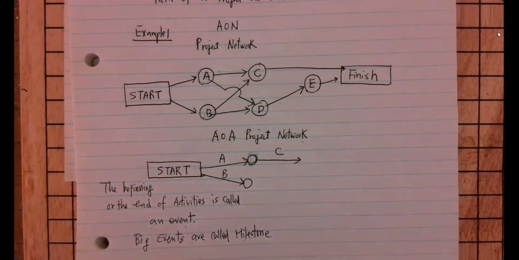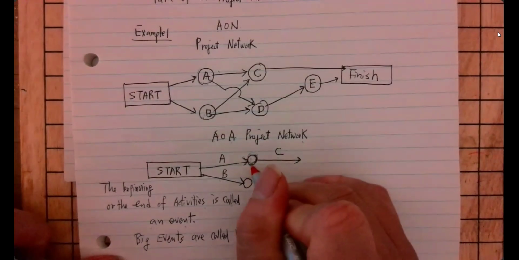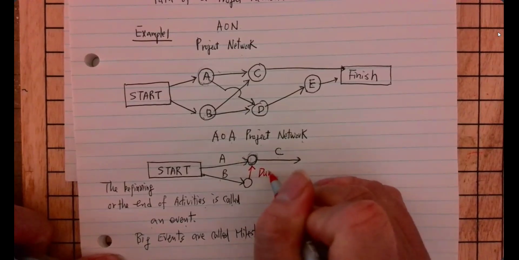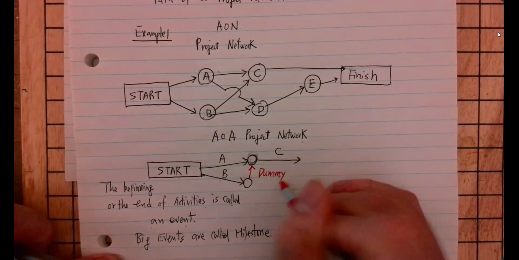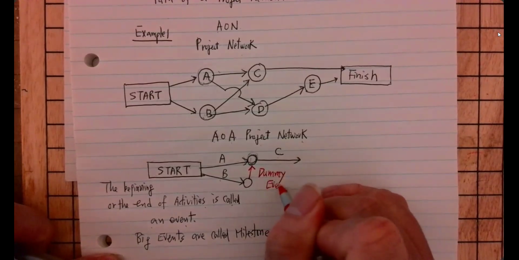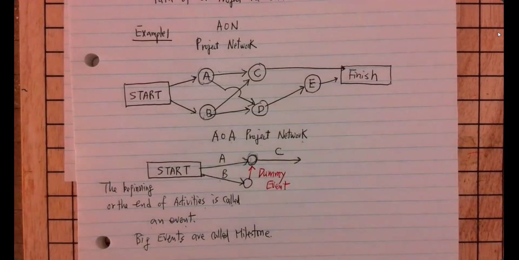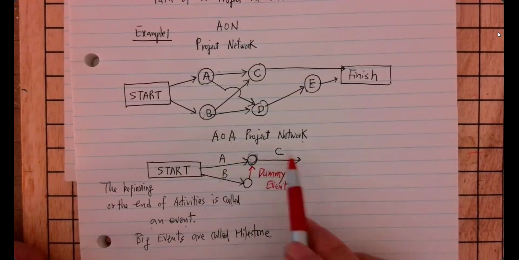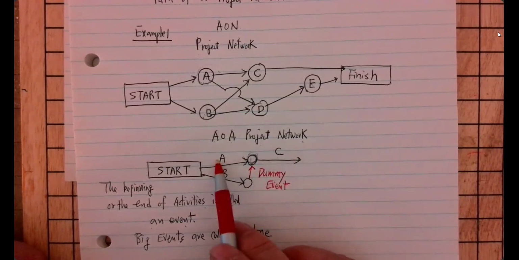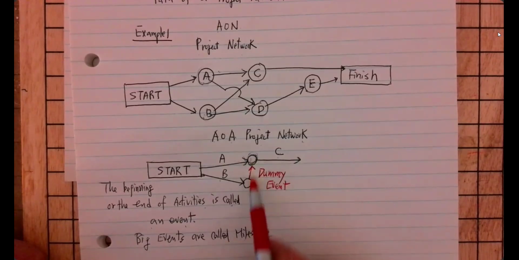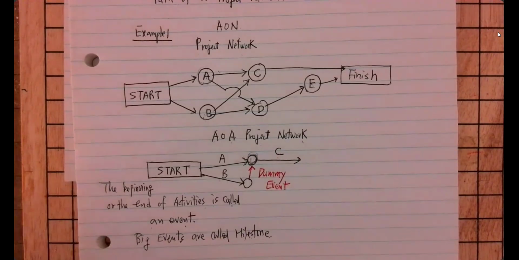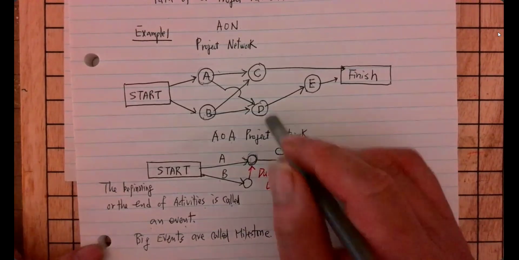The way we fix the problem is we create a dummy event. A dummy event is created to preserve the precedence relationship. So when you look at the picture, C is after A. Because we create a dummy event here, we know C is also after B.